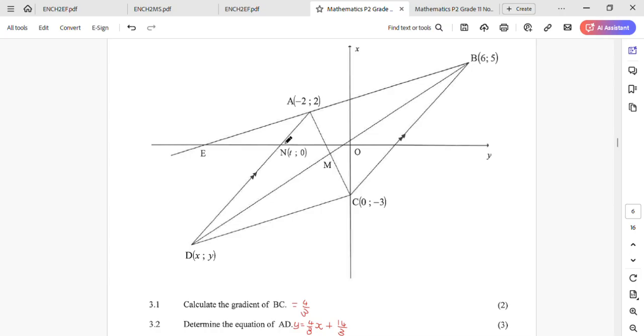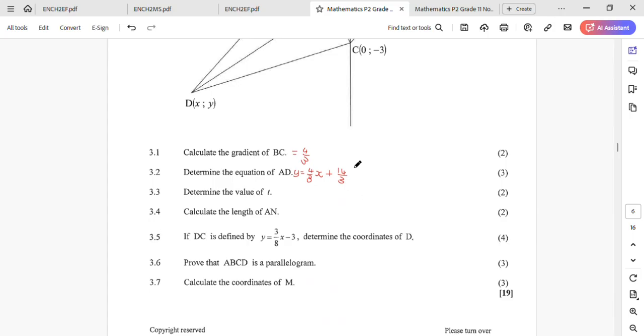Okay, t, we know that y is 0 and our x is t, this point N. So what we're going to do, we're going to use this equation from 3.2, which is y equals 4 over 3x plus 14 over 3.